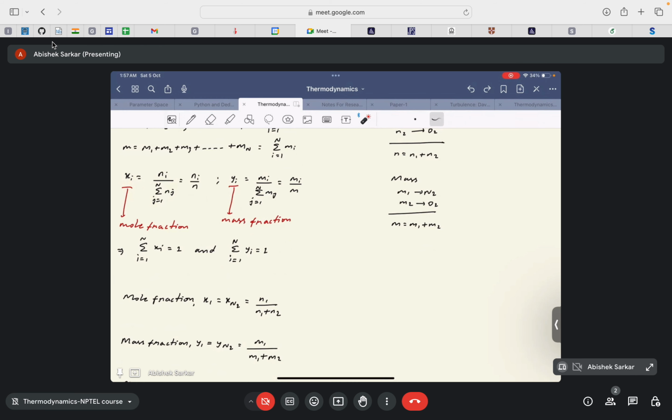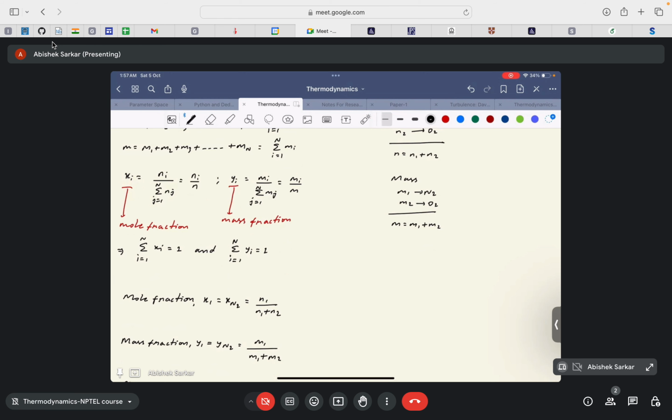Similarly, the mass fraction can be defined as the ratio of mi over the summation of mj, where j varies from 1 to n.